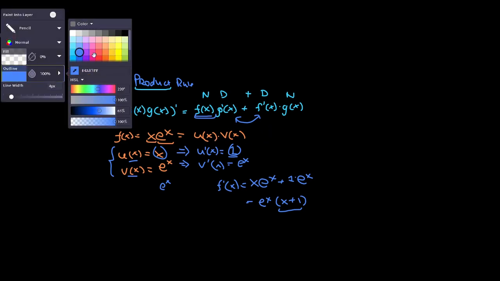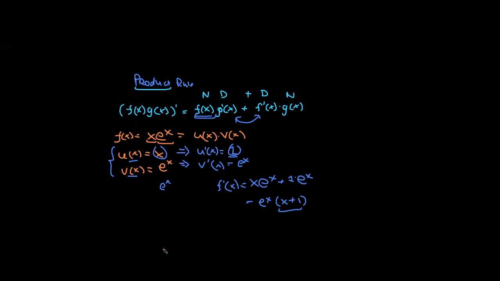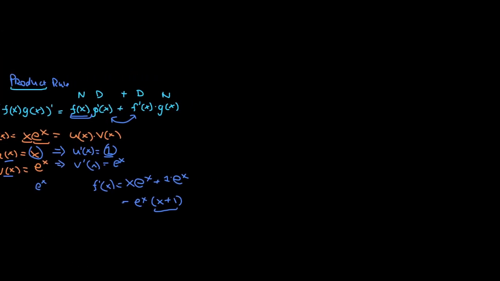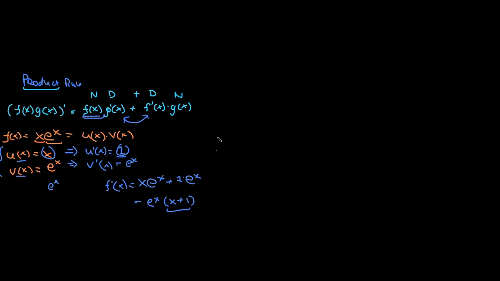So I'll just do one more example. I'll go to the right, so I can still see the rule there. Just one more example: h of x is going to be 3x squared plus 2, all cubed, times 3 to the x.